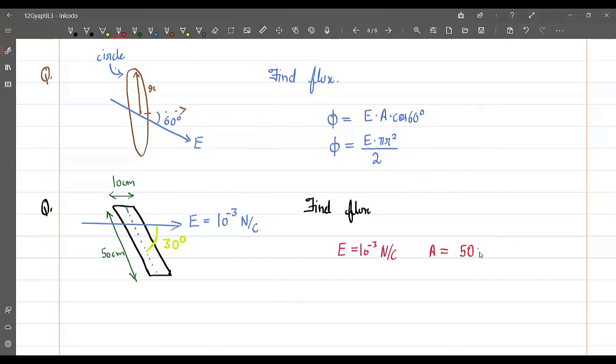But E is along the x-axis, so cos. But what is the direction of area vector? See, as I said, from the definition, the direction of area vector is perpendicular to the area.